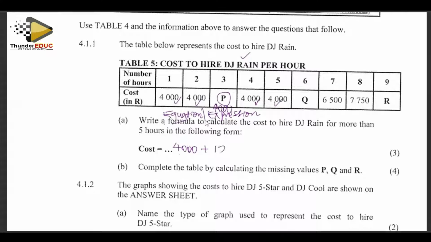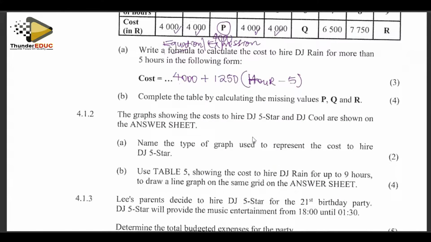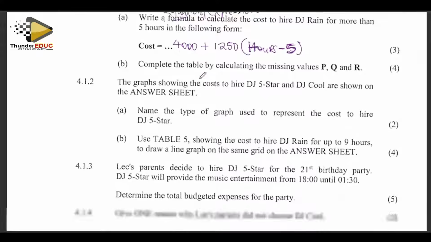Thereafter, 1,250 times the number of hours that have exceeded 5. This could be your equation. If the hours have exceeded 5, then you're free to use the equation. But before 5, the amount that he wants, 4,000.